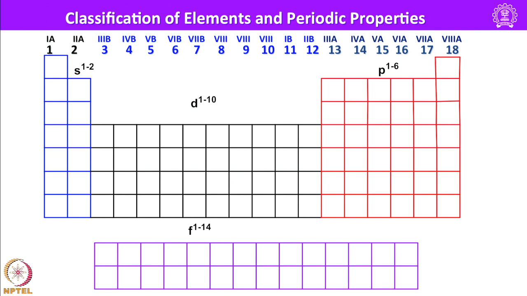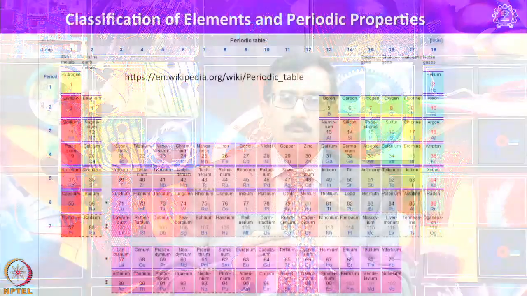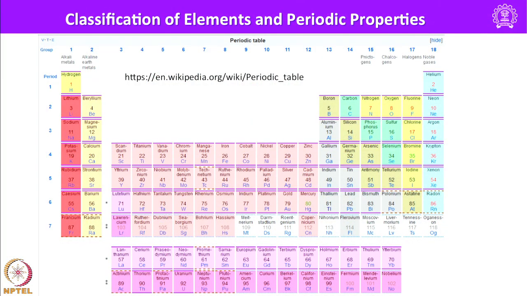And in the same way, the p block starts from 13 and ends with 18, representing the electronic configuration s2p1 to s2p6. That means in 13 we have 3 electrons, in 14 we have 4 electrons, and in 17 we have 7 electrons. So, that number still has some significance in denoting the number of electrons in the valence shell.